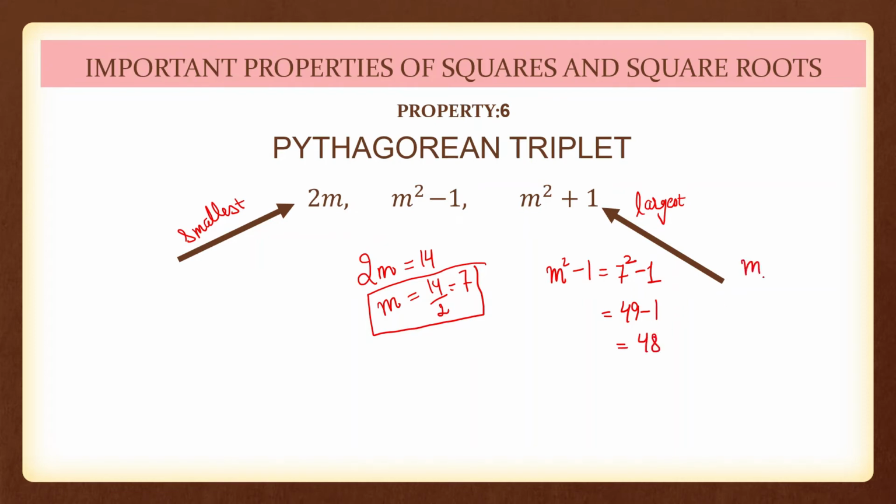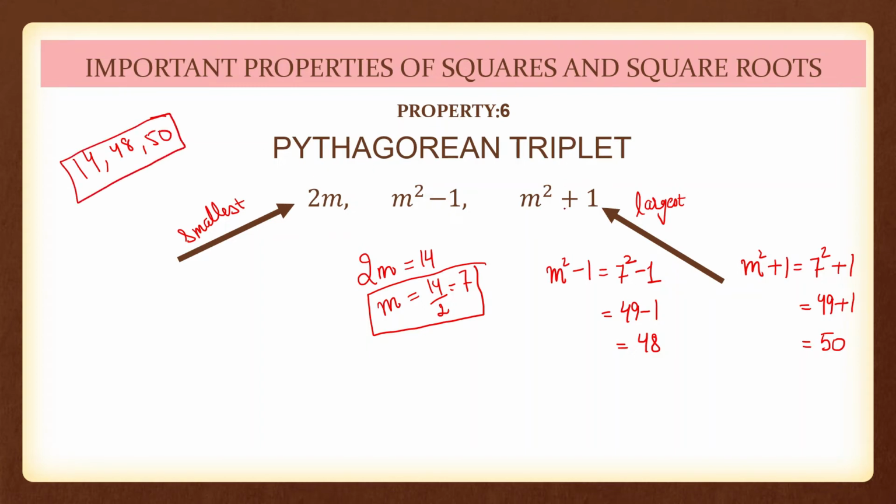And m square plus 1 will give you 7 square plus 1, which is equal to 49 plus 1, that is 50, which means 14, 48 and 50 are the Pythagorean triplets.